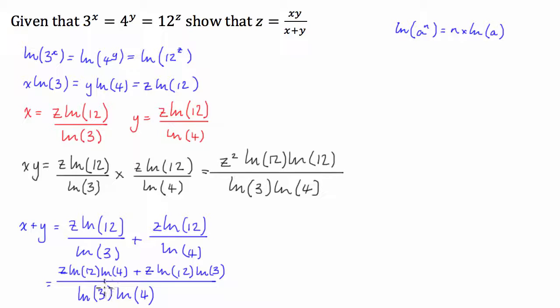So what we can do here is factorize the numerator. I'm going to just move this to there. So we can factorize the numerator by going by z ln 12. So that will be z ln 12 outside of the natural log of 4 plus the natural log of 3.